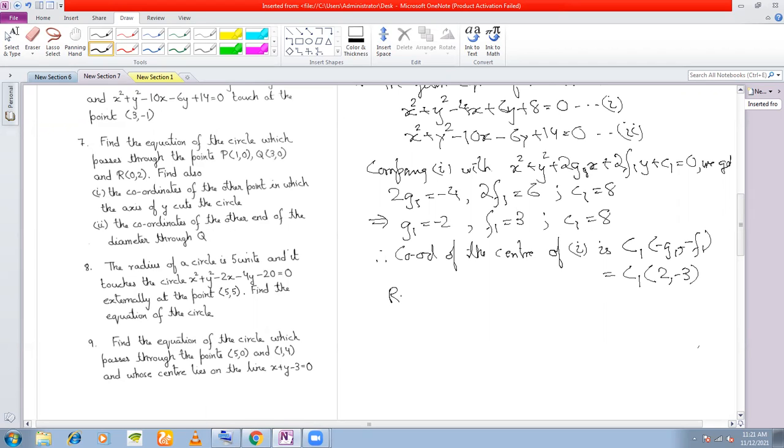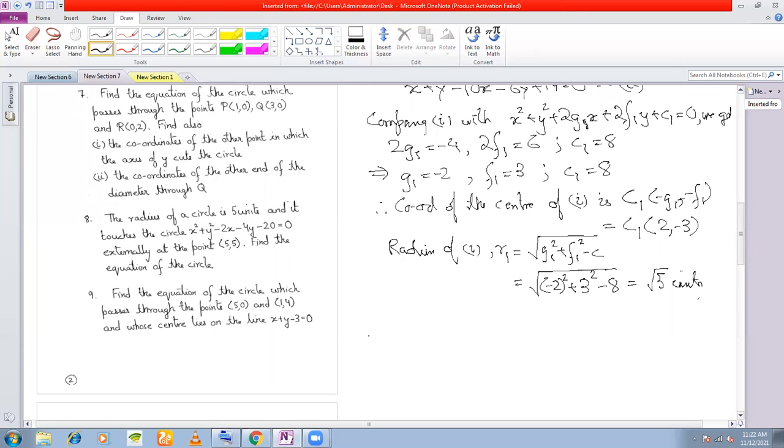And also find out the radius. Radius of 1, let's call it r1, is equal to root over of g1 square plus f1 square minus c. Put the values. You will get the radius r1 as root 5 units.